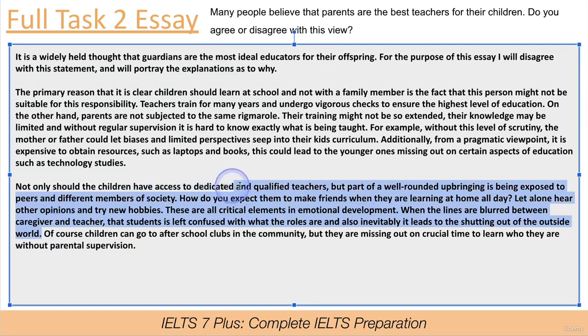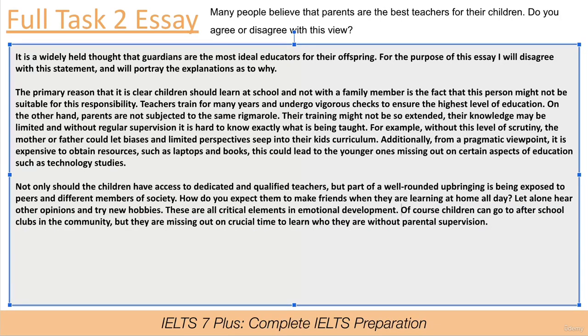I think this sentence here might be a bit not relevant to my point, actually. Let's see what we can do now. So, of course, children can go to after school clubs in the community, but they are missing out on crucial time to learn who they are without parental supervision.